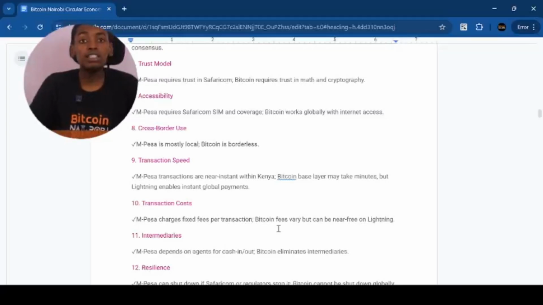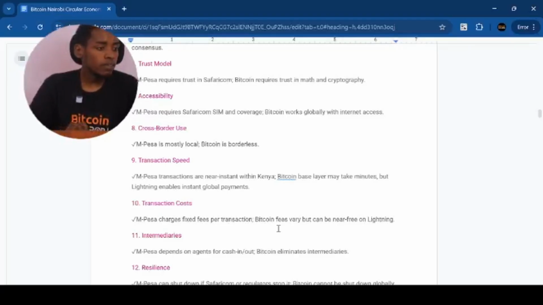So instead of trusting a human being or a central authority, we now trust in math, because when we trust in math, it means that it's actually the real thing. In mathematics, if 1 plus 1 is encoded as 11, that will always be like that, because that is mathematics, right? But in M-PESA's case, we have to trust in human beings.